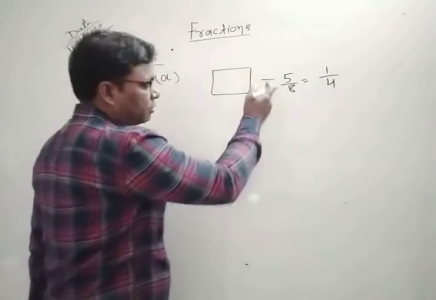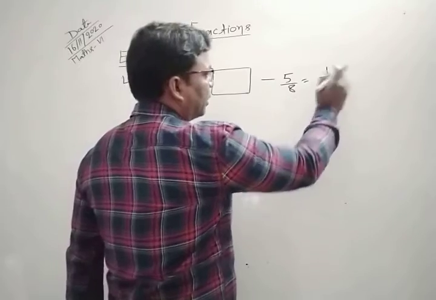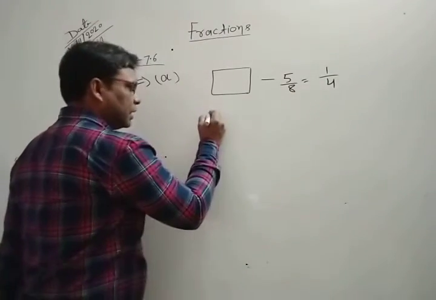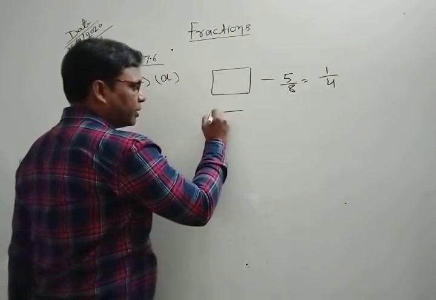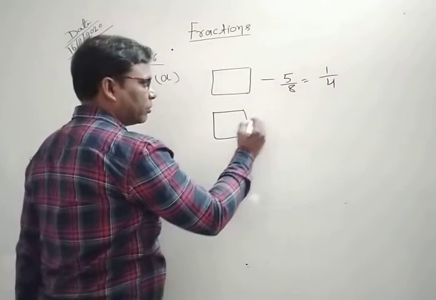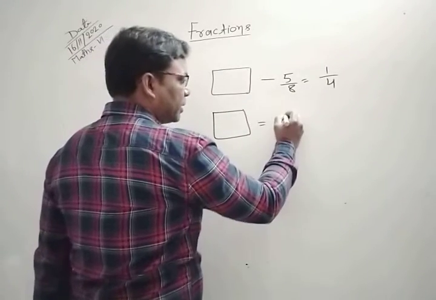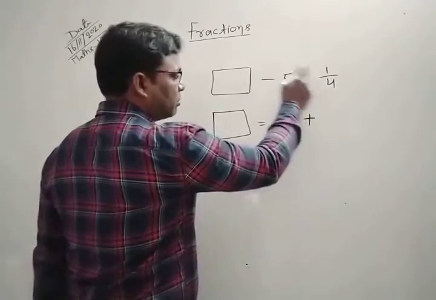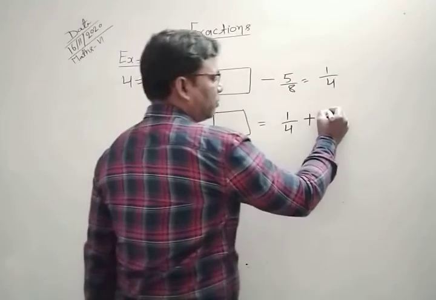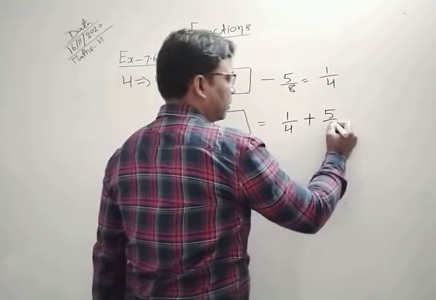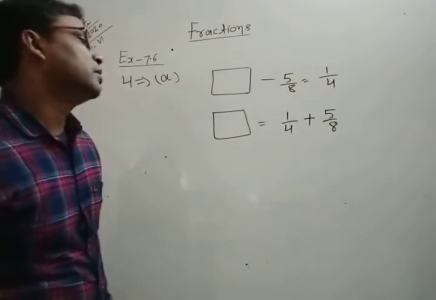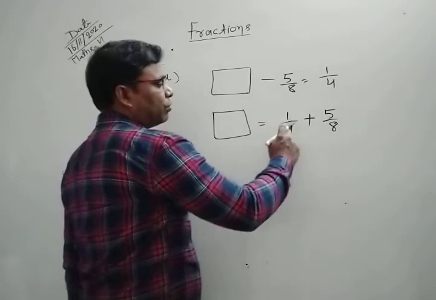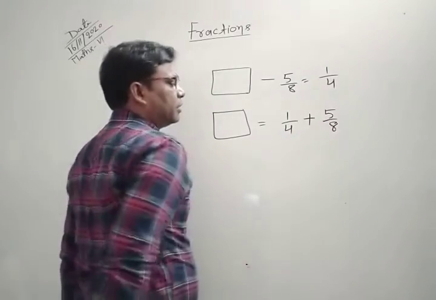On the left hand side we have only the box. This is equal to, on the right hand side, we have 1/4. The minus becomes plus, so we have plus 5/8. So you can see we have 1/4 plus 5/8.